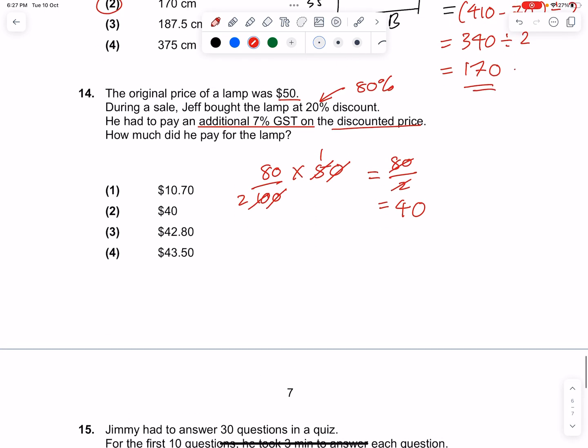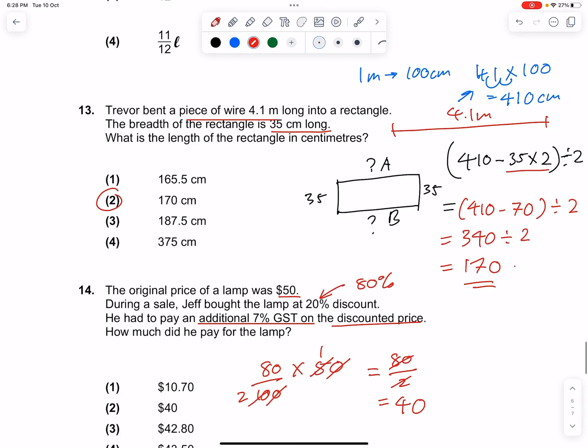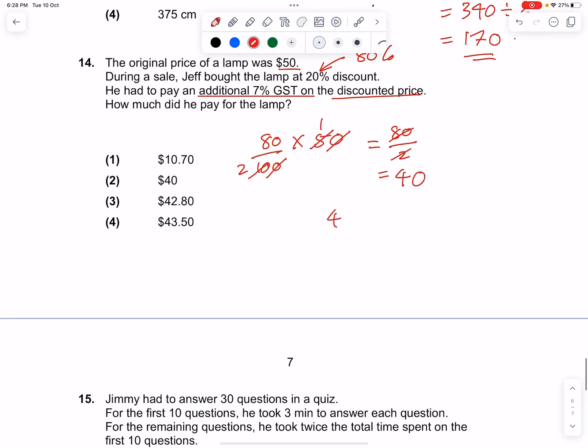So now you want to know how much he paid for the lamp, right? So $40 is the real amount. Remember right hand rule? Okay? But now we want to know what is 107%. Why is it 107? Because the 7 refers to the 7% GST over 100.